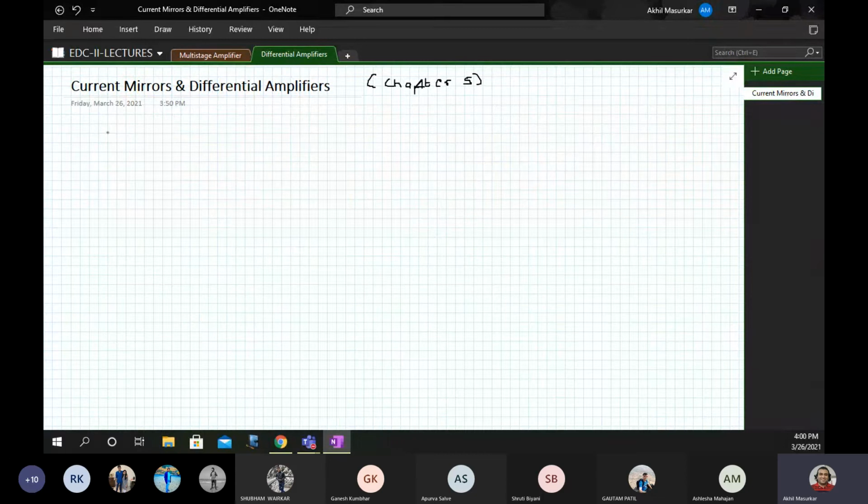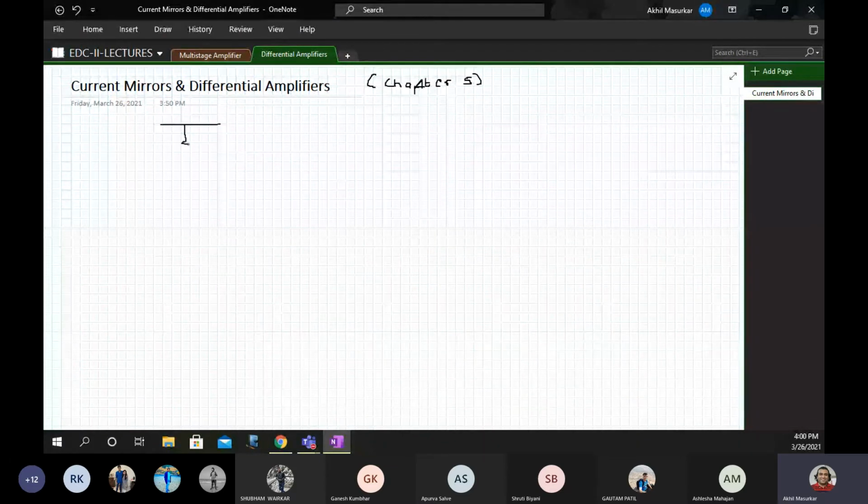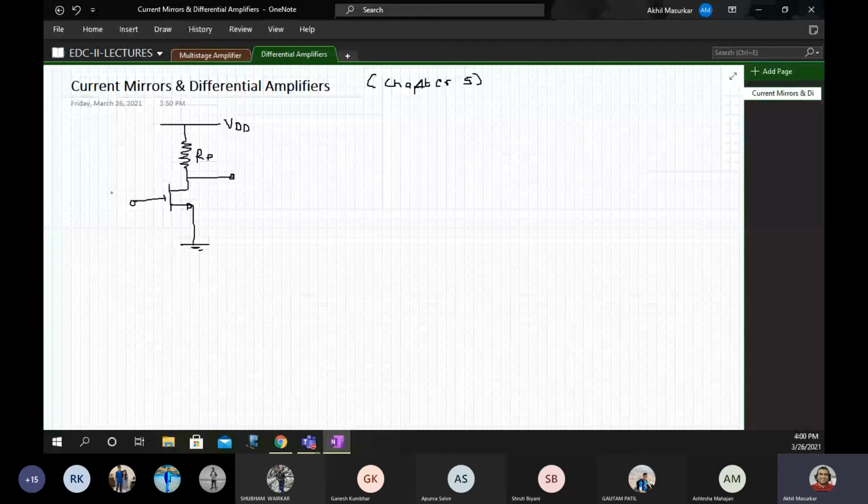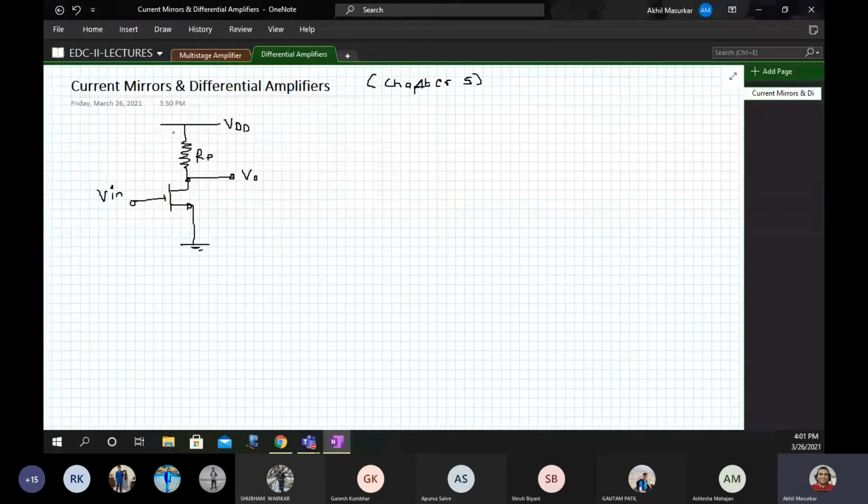So what is a current mirror? Many times, let us say this is a CS amplifier, very simple. This is RD, this is your VDD, here you give your Vin and here you have your Vout.